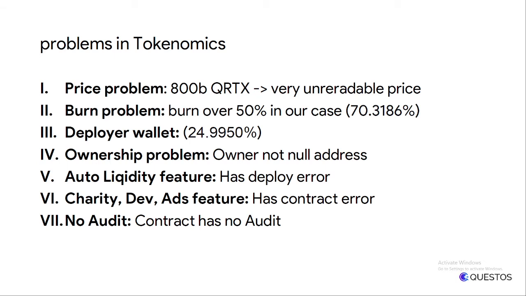So this is something we should definitely change. In our case, we have burned like 70.3% of the total supply. Everything that's burned over 50% looks really weird. So that's also not the best thing, and we will change it.